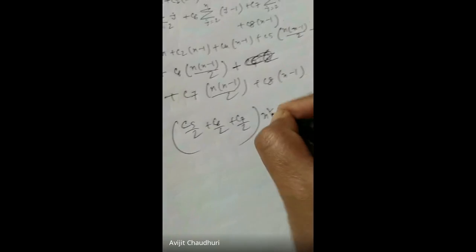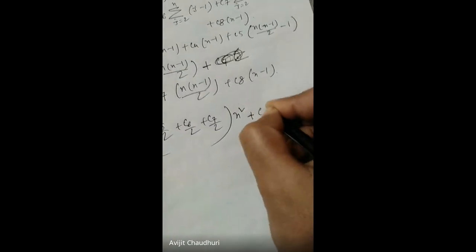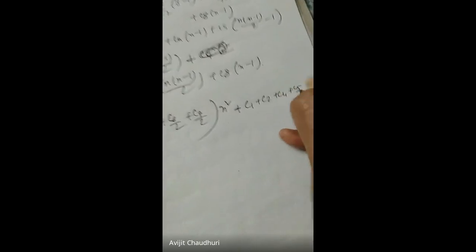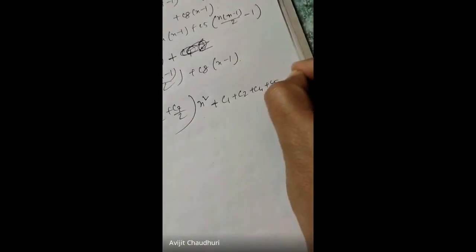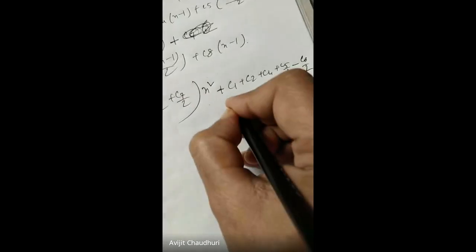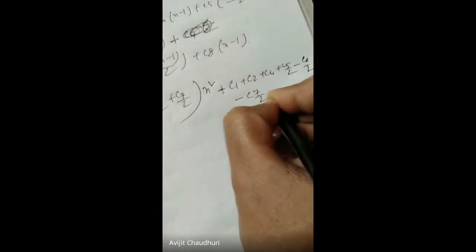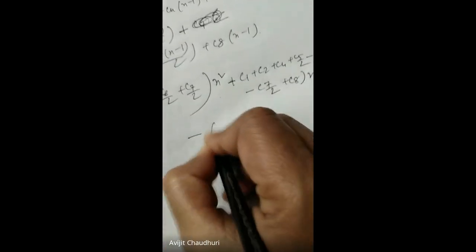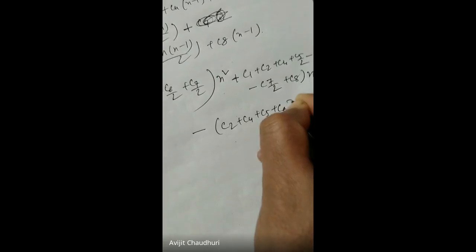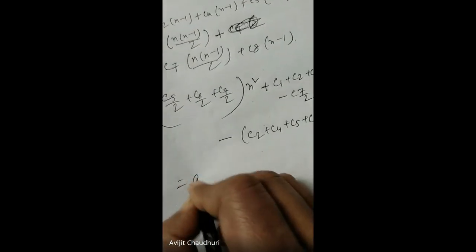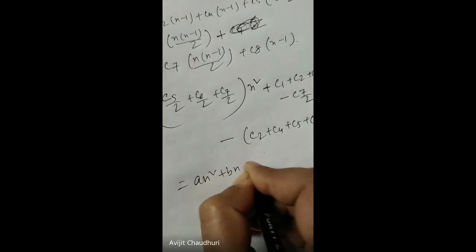If you are solving this, plus C1 plus C2 plus C4 plus C5 by 2 minus C6 by 2 minus C7 by 2 plus C8 into n minus C2 plus C4 plus C5 plus C6 is equal to an square plus bn plus c.